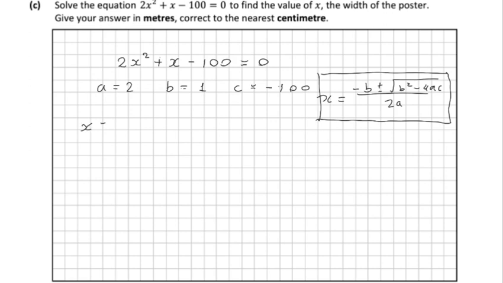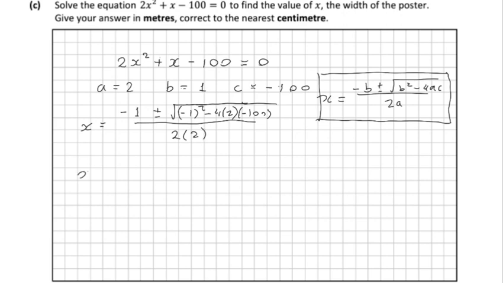So we're going to put it all together now. So x is equal to minus b, which is minus 1, plus or minus the square root of 1 squared minus 4 by 2 by negative 100, all over 2a. So 2 by 2.